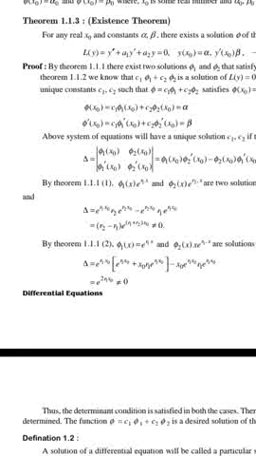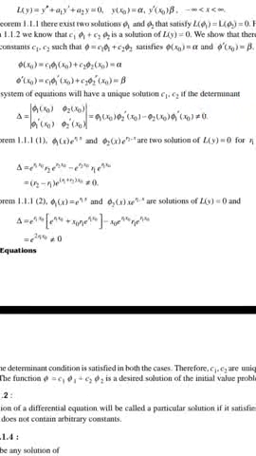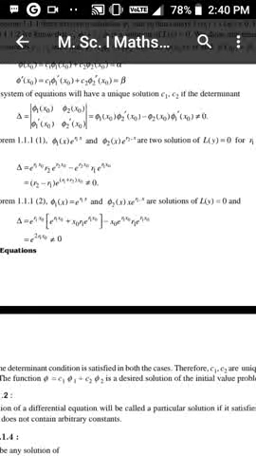By the first theorem, phi1 of x is equal to e raised to r1x, phi2 of x is equal to x into e raised to r1x are solutions of L of y is equal to 0, and delta is equal to e raised to 2 r1 x naught, which is not equal to 0.